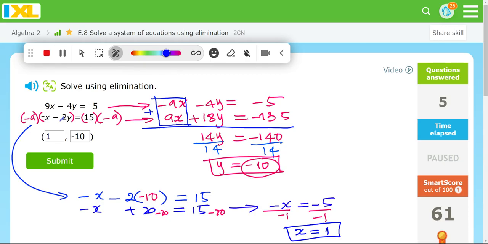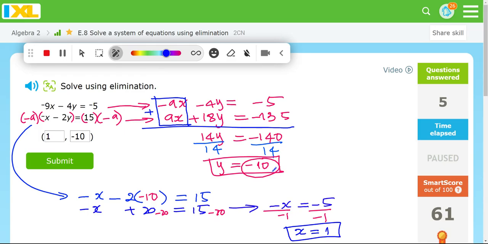Negative 9 times negative 2y, 18y. Okay, negative 9 times 15. 9 times 5, 35. No, 9 times 5, 45. Remember 4. Okay, we are correct. So when we add them together, it becomes 14y. Negative 140. Divide by 14, so y equals negative 10.